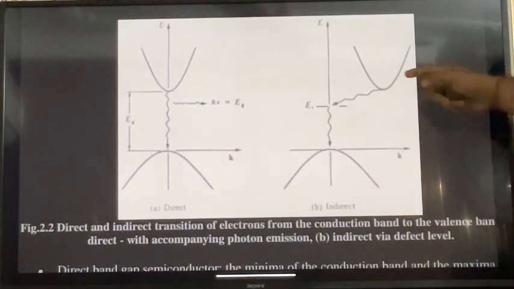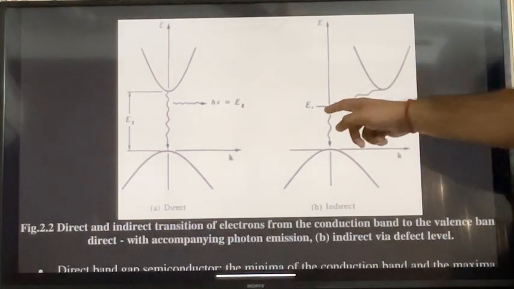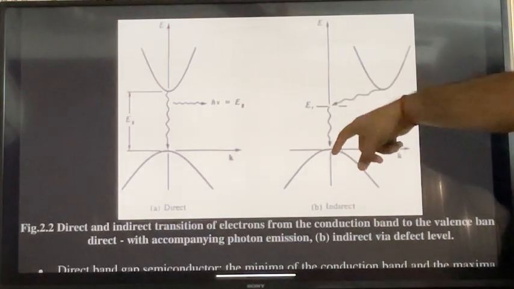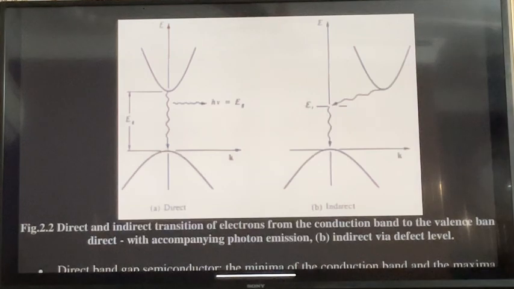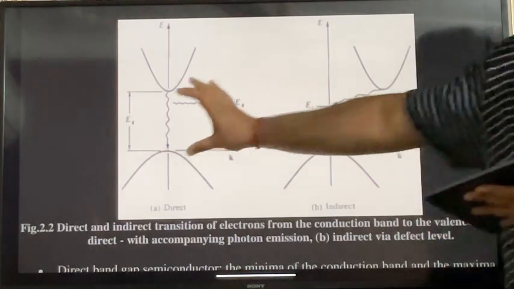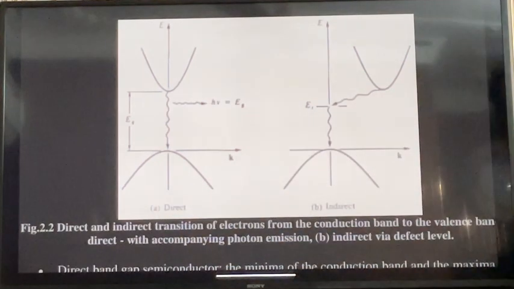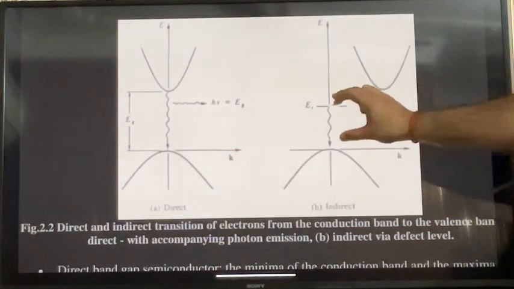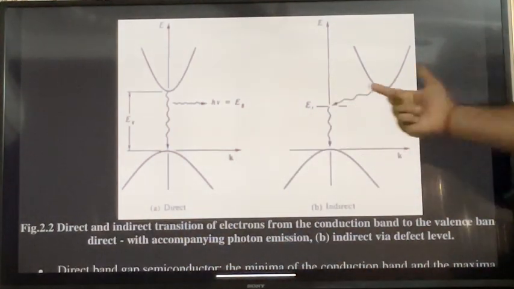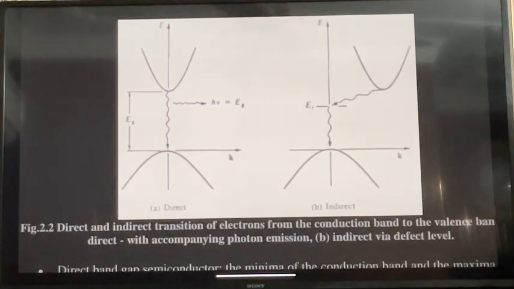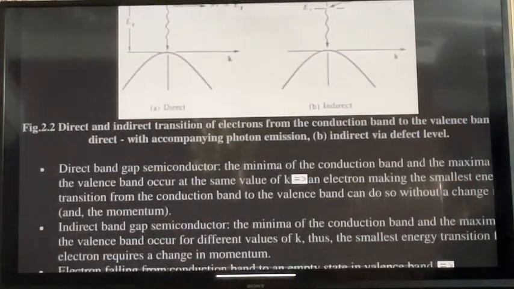As a result, the electron initially has to change its momentum and then decrease its energy level to go into the valence shell. As a result, this gap, which we initially called Eg, makes no sense over here because the momentum has also been shifted. Why this happens, we will learn here.